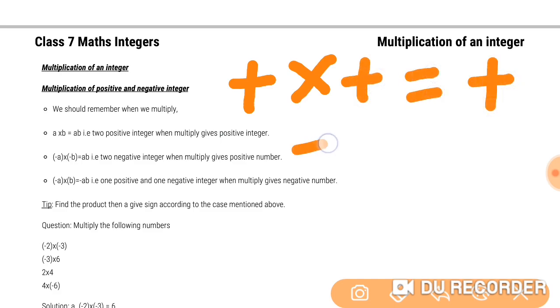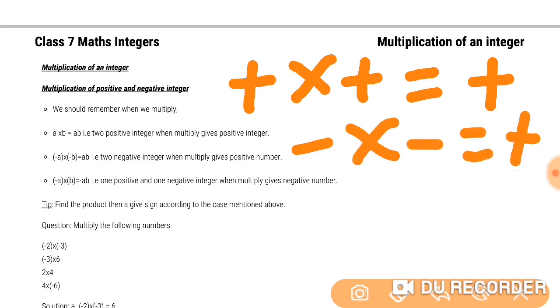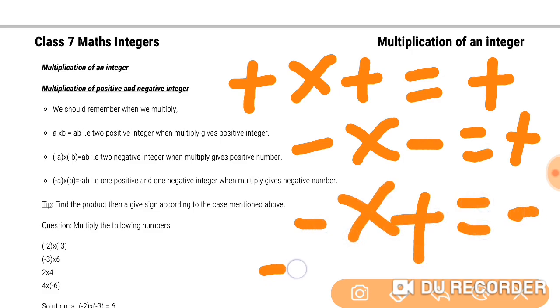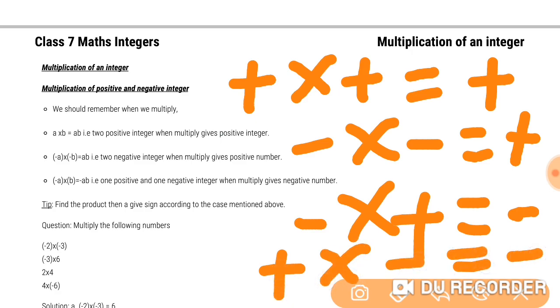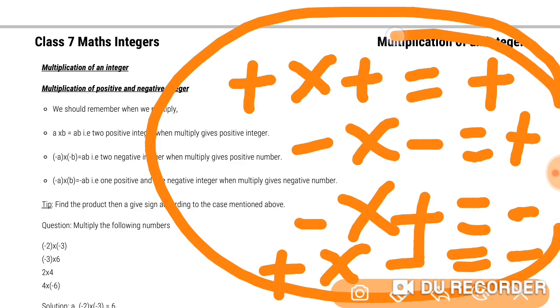If you multiply two negative numbers, you will get a positive. In the same way, if one is negative and one is positive, the answer is always negative. If it comes plus into minus, also negative. So remember this process. This is a very important term.